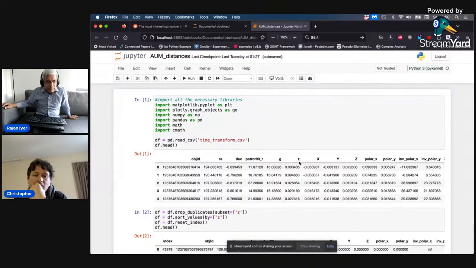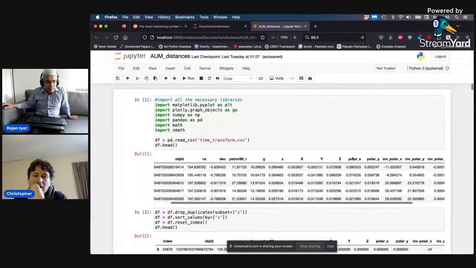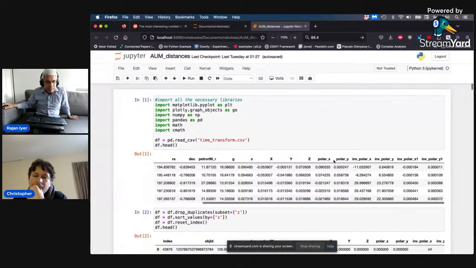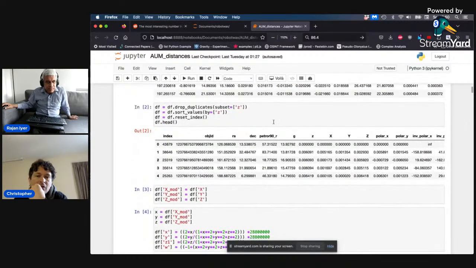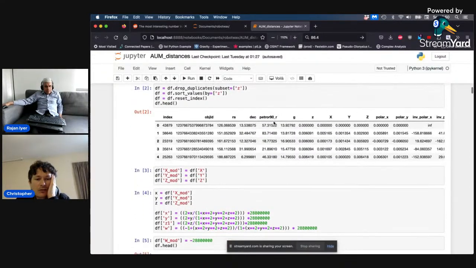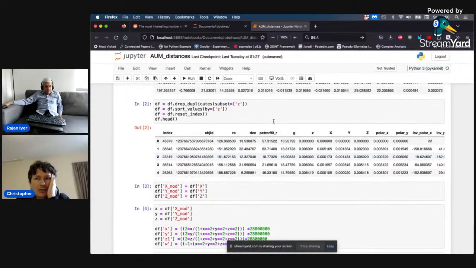Then we have the Z redshifts, then the XYZ components, which are just the Cartesian coordinates of these values, and then we have the polar coordinates as well. All this data is from the Sloan Digital Sky Survey, so you can get that from the Sky Server, I think it's called.